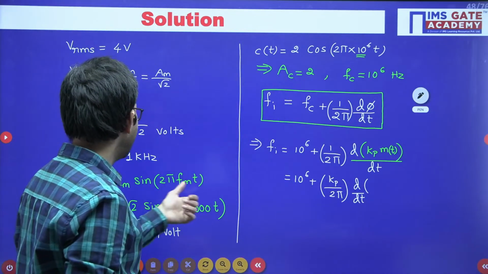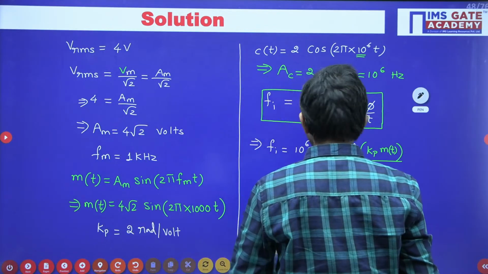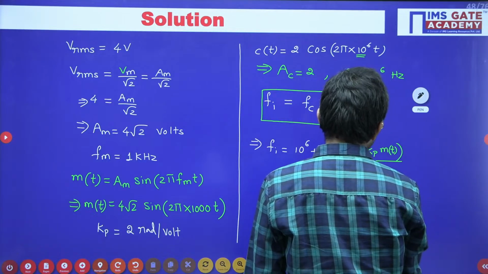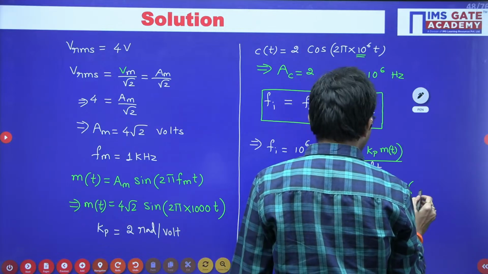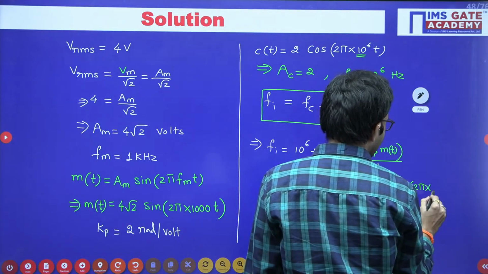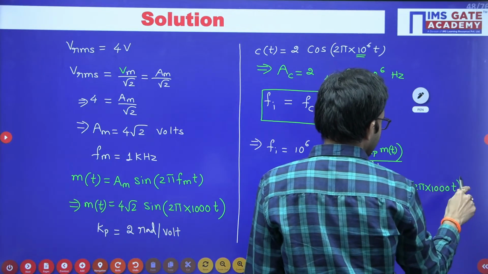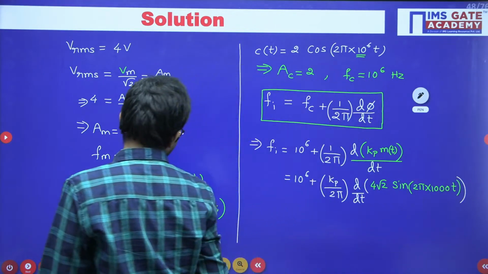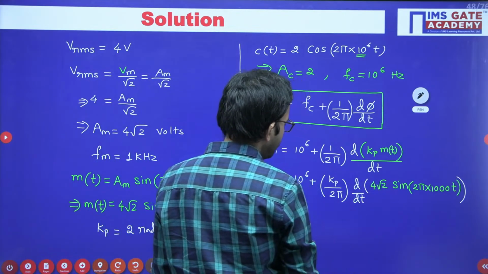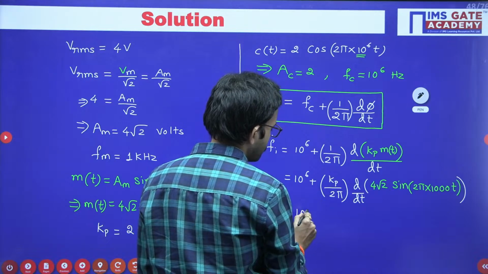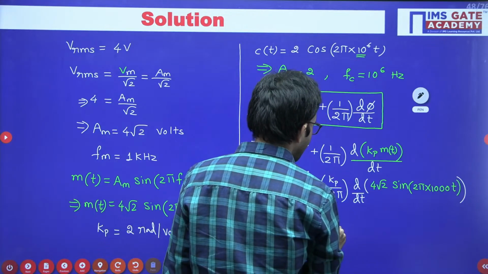The message signal is nothing but Am sin 2 pi fm t, so from there we got this expression. Now you can substitute 4 root 2 sin 2 pi into 1000 t, and just perform the differentiation here. Here the Kp value is 2 divided by 2 pi.